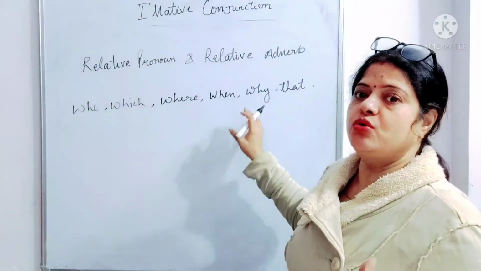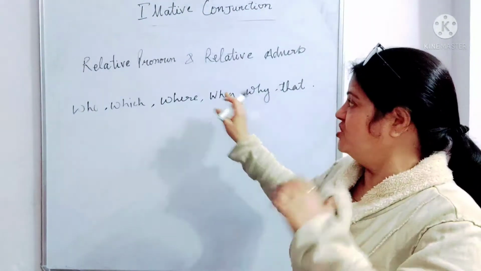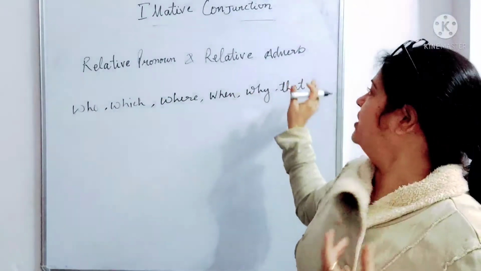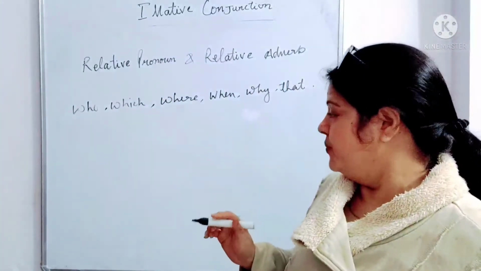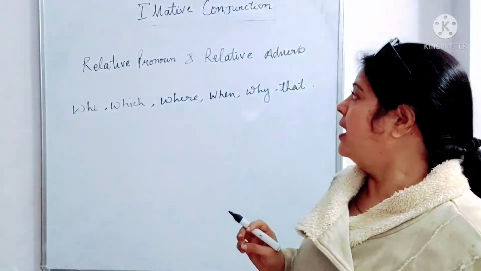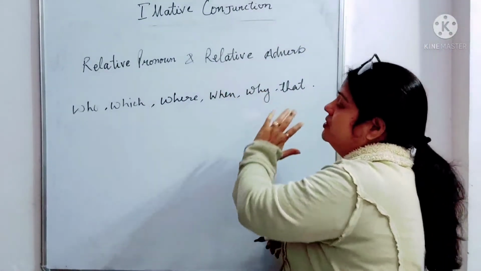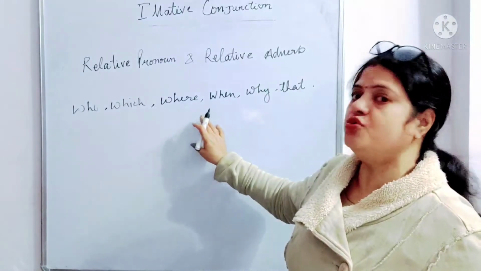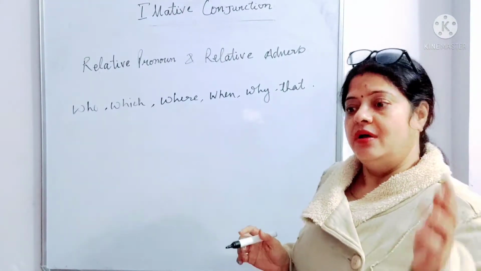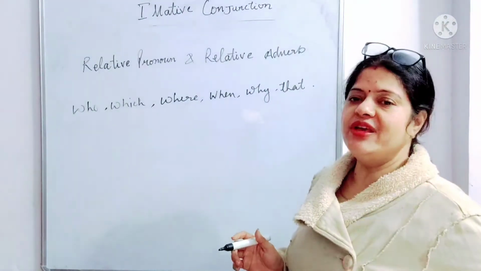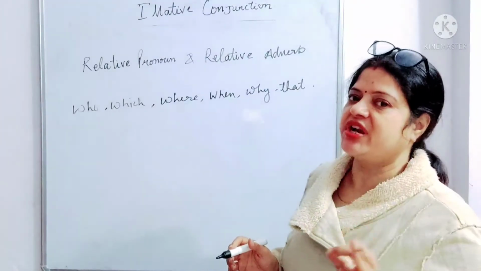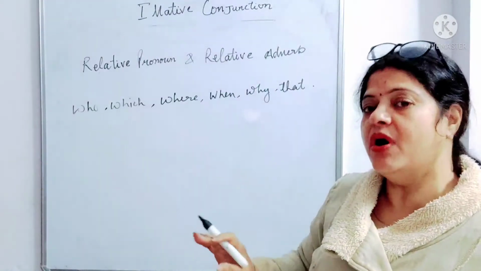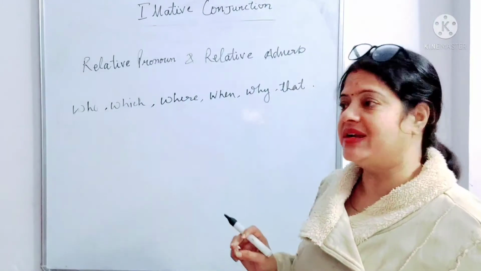There they become coordinating conjunctions. So first we'll talk about these pronouns when they are used in complex sentences to make an adjective clause. Remember that it is always used in a restrictive sense. Now I am telling you how it works in a sentence.